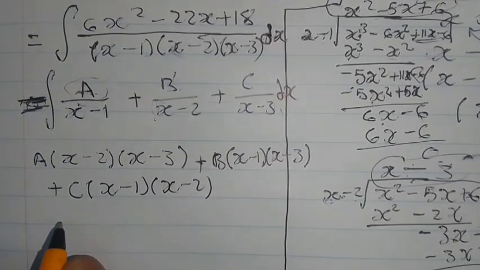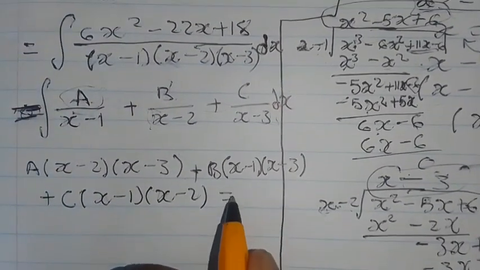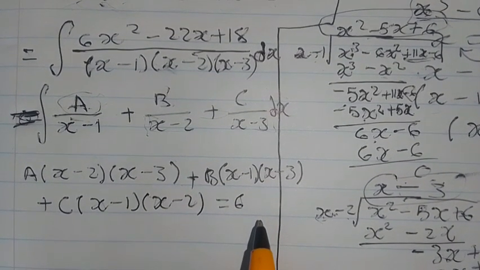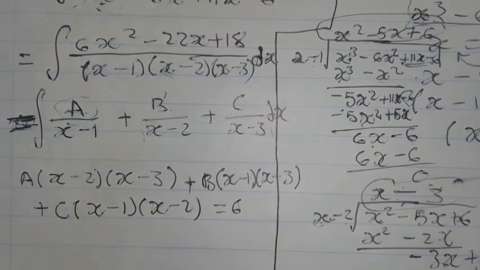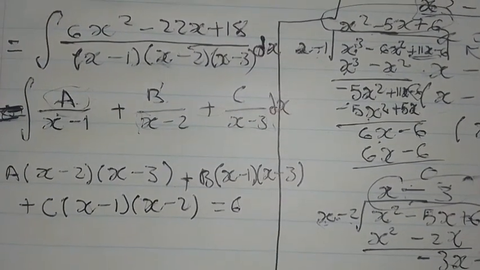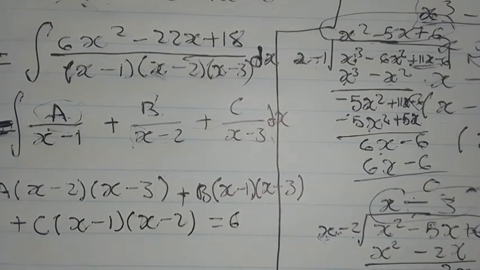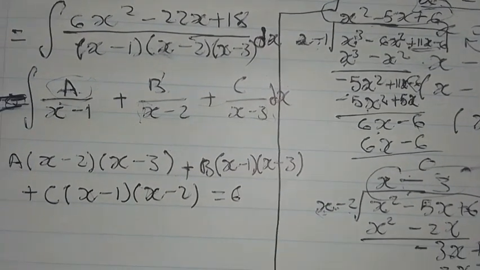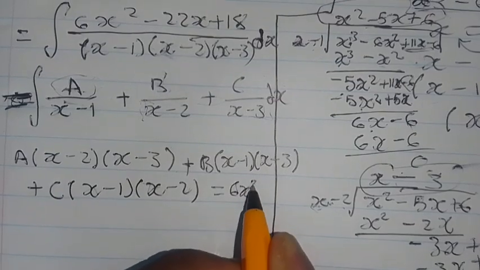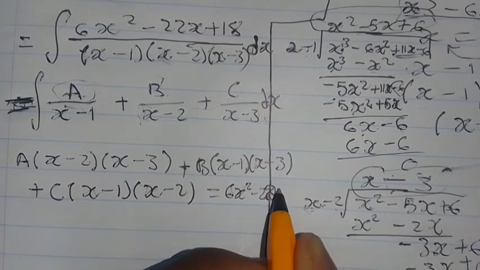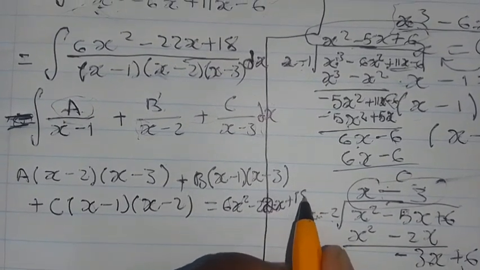Then from then you just further expand. And this will be the same as 6x squared minus 22x plus 18.